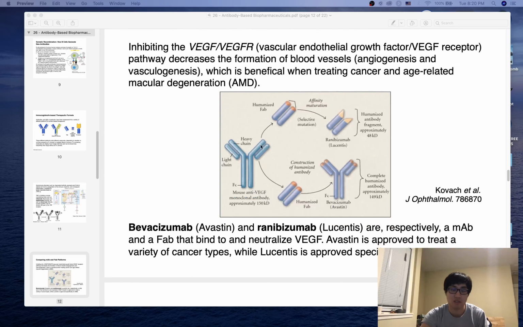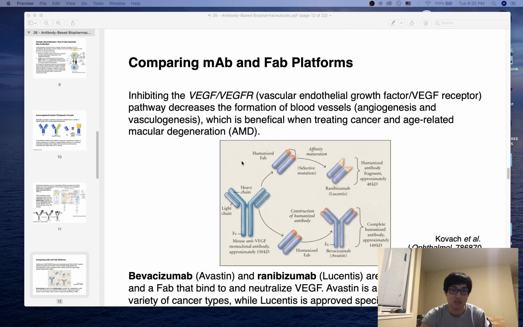Yeah, this is about the entire monoclonal antibody and Fab.